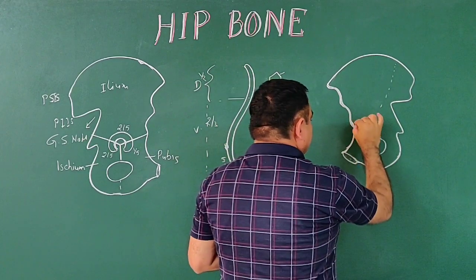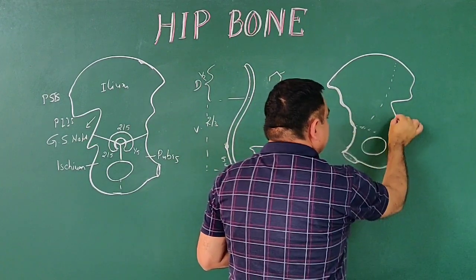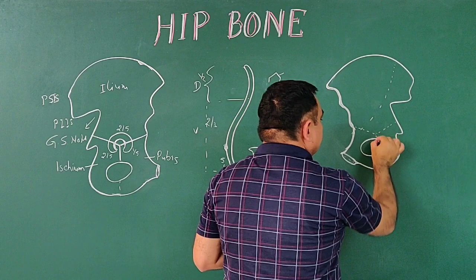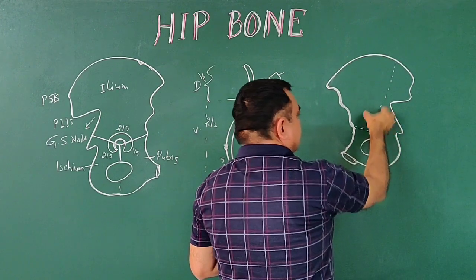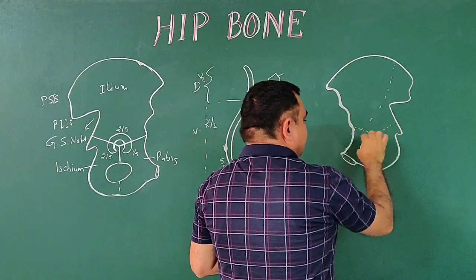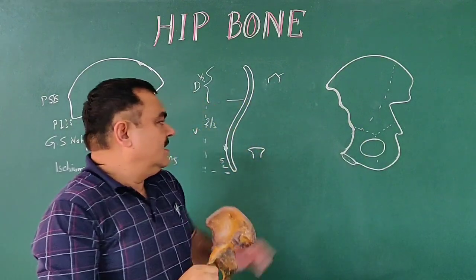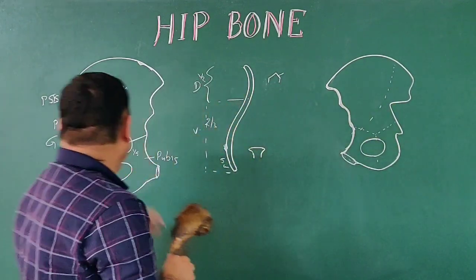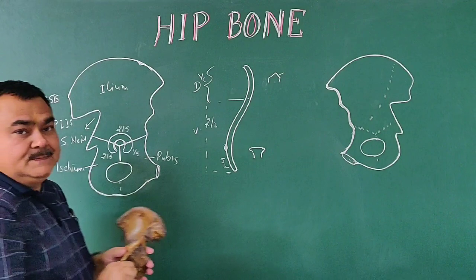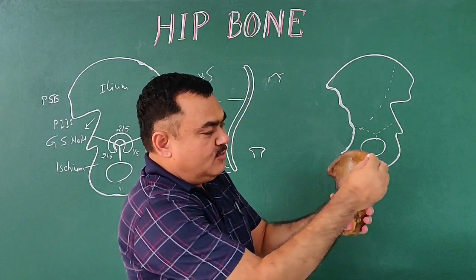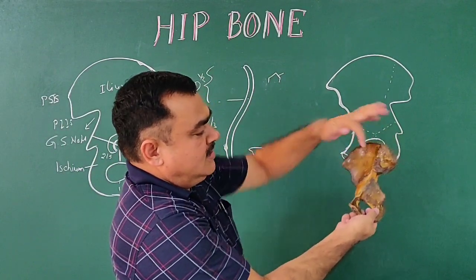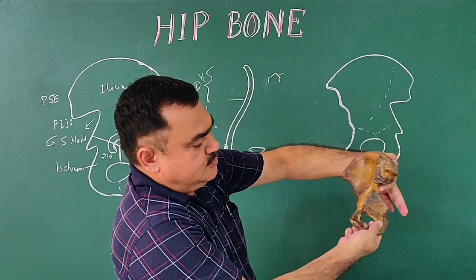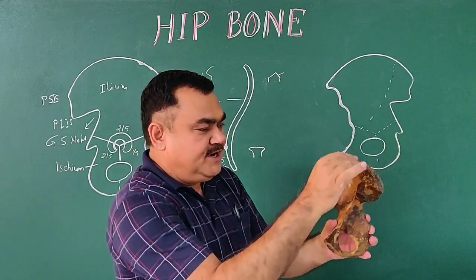Here this is the division. Anterior border, posterior border. Now another border is the medial border. Here this is the anterior border, this is the posterior border, and this border is the medial border.